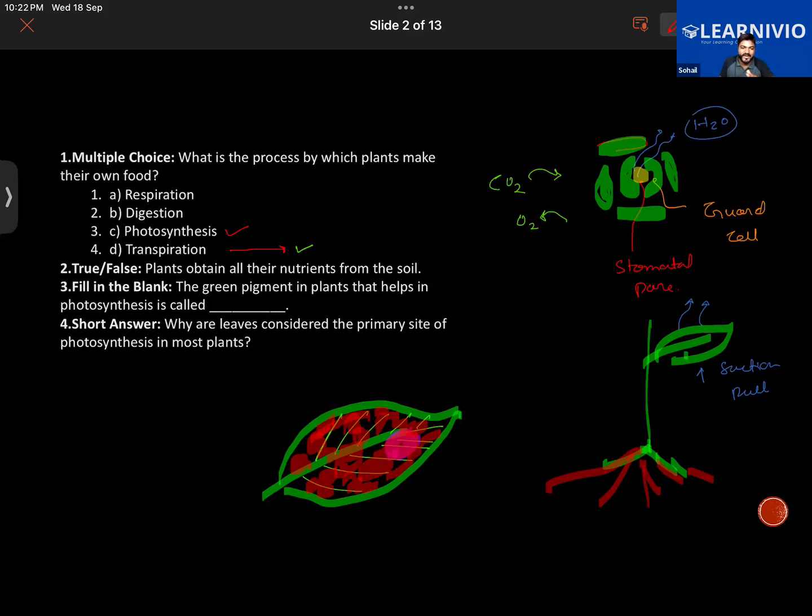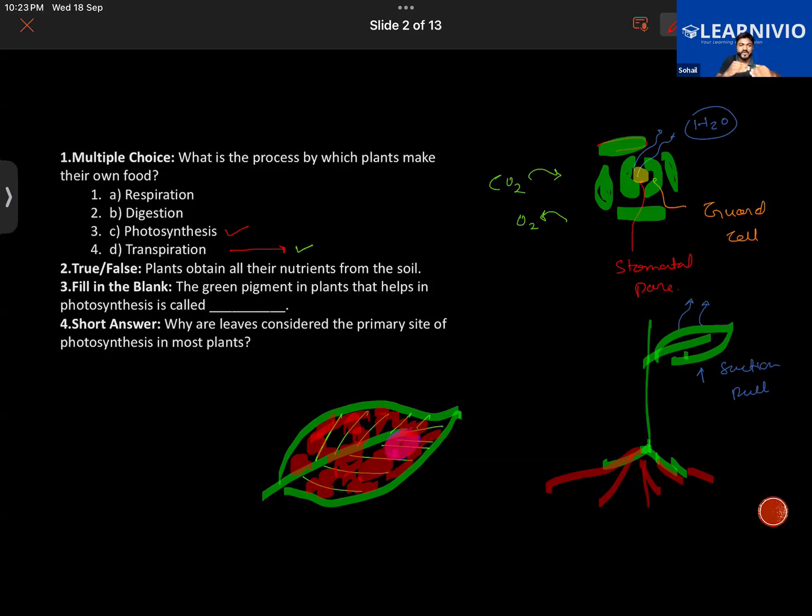A leaf will be red in color because of the presence of a pigment called anthocyanins. Let us say this is the layer of chlorophyll. Chlorophyll is there, but above chlorophyll, anthocyanin is present, which is the red pigment. So chlorophyll is there, but it has been shaded.